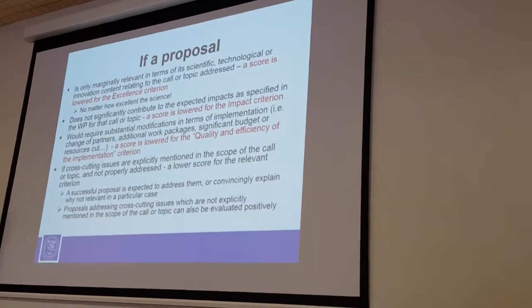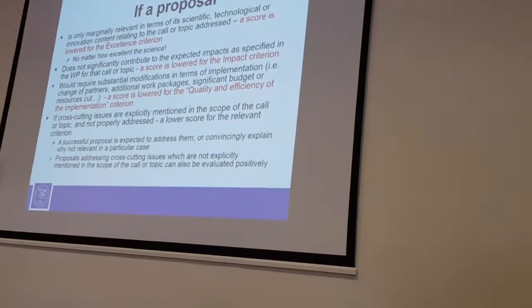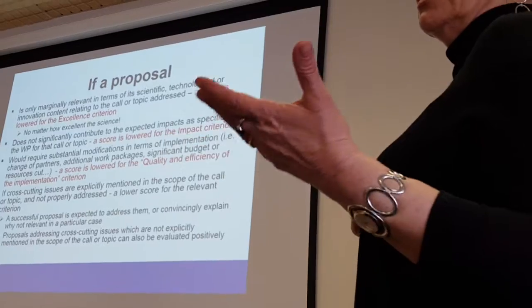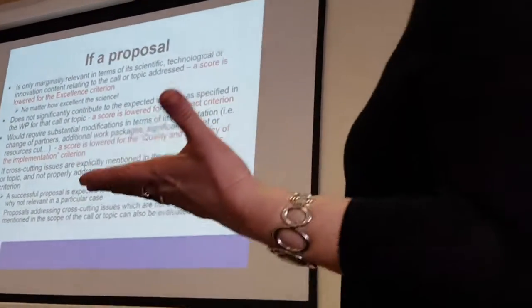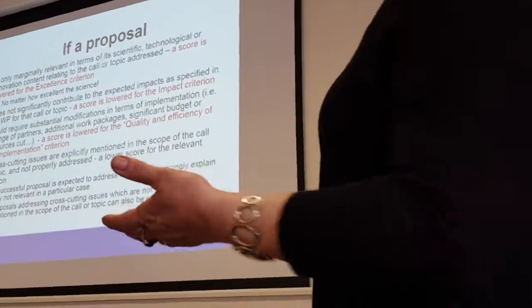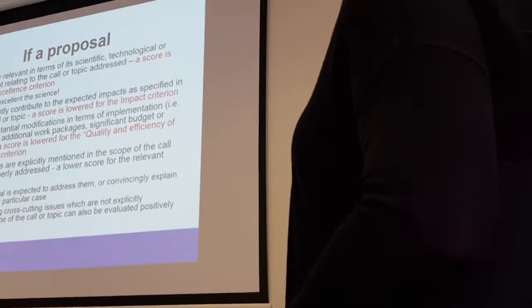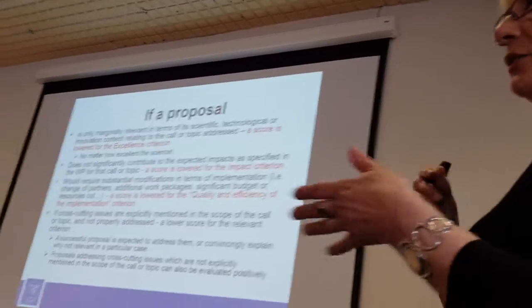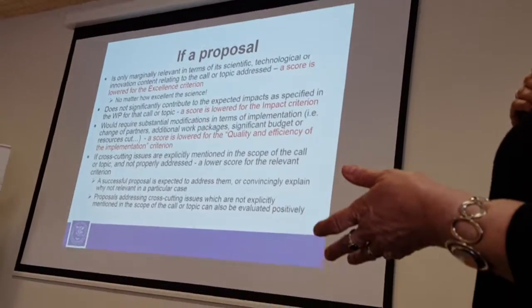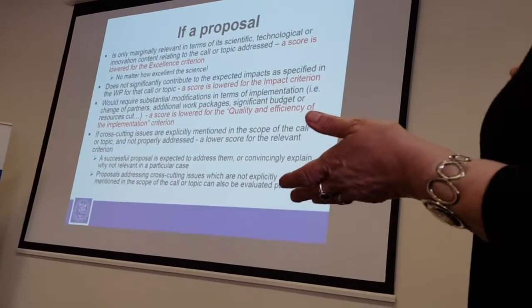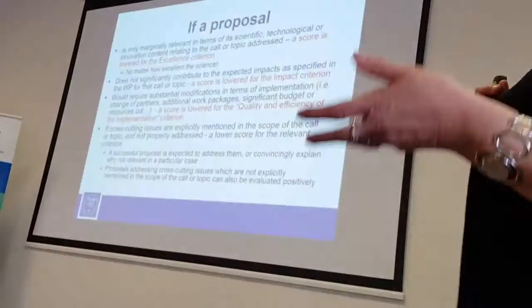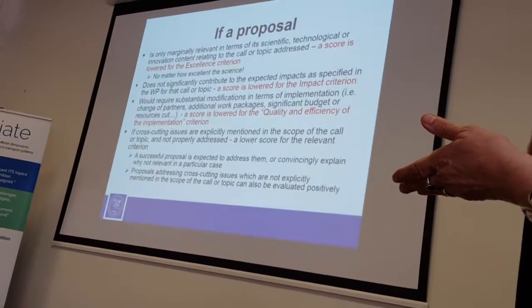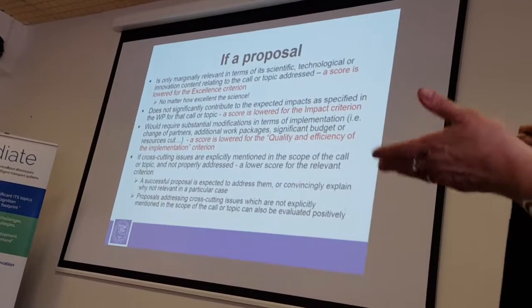Here are some hints for evaluators. If a proposal is only marginally relevant in terms of scientific, technological, or innovation content relating to the call and the topic, then evaluators are asked to lower the score for the excellence criterion, no matter how excellent the science is.